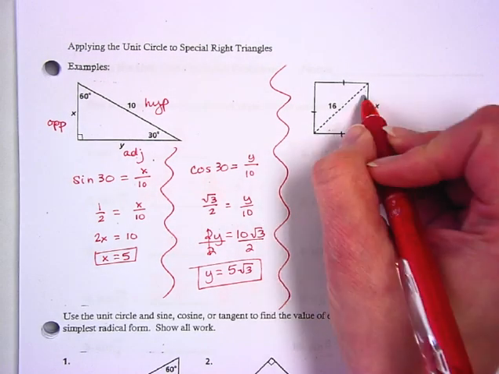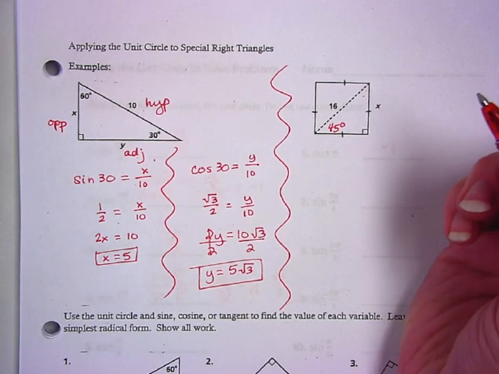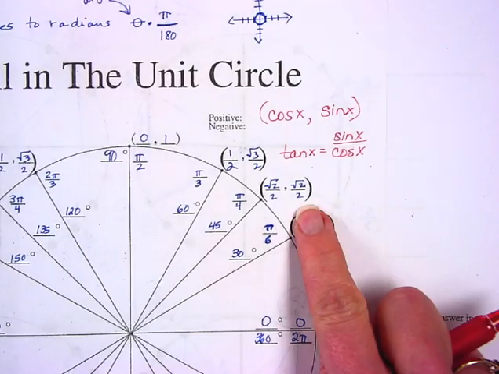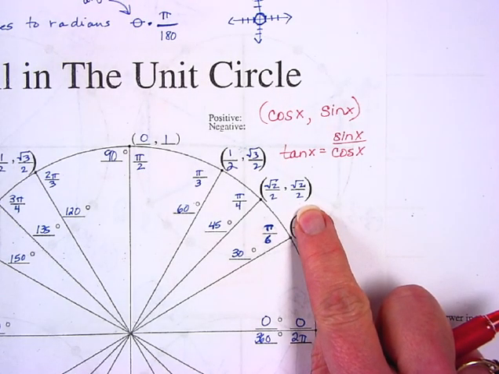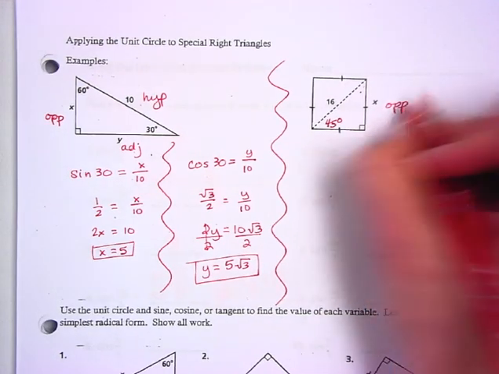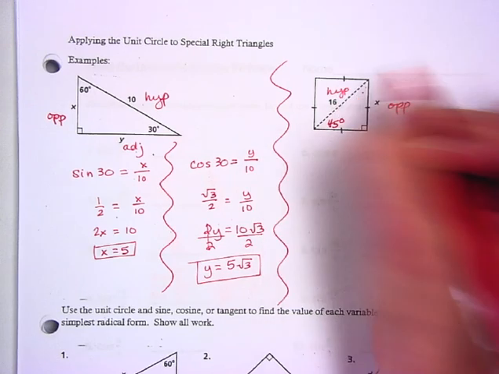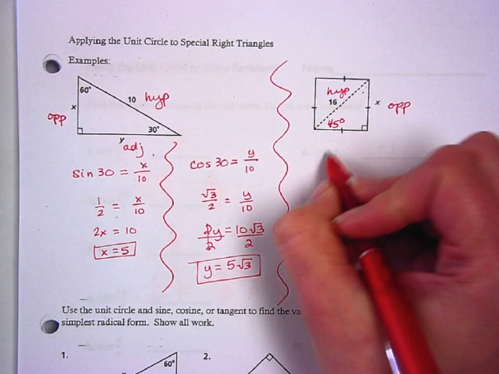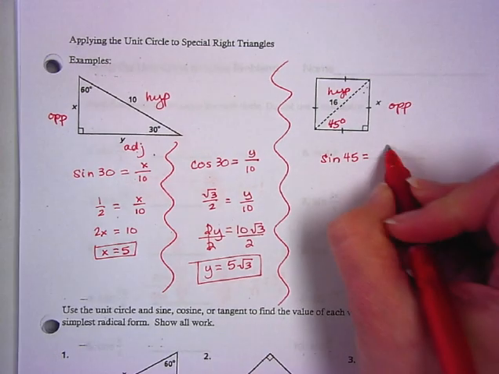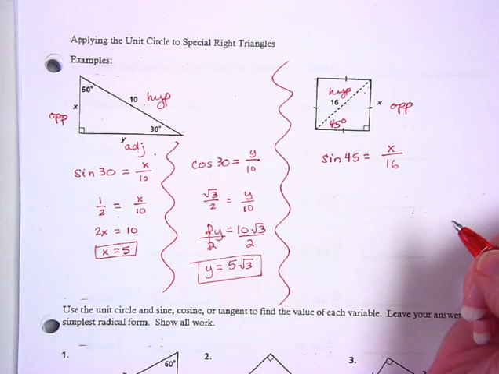So how many degrees are these angles? 45. 45. All right. It doesn't matter since it's 45 whether we use sine or cosine, right? Because they're the same value at 45, right? So I'm just going to pick sine. I'm going to say opposite, because I put the 45-degree angle there, and hypotenuse here. So sine of 45 equals opposite, which is x, over hypotenuse, which is 16.